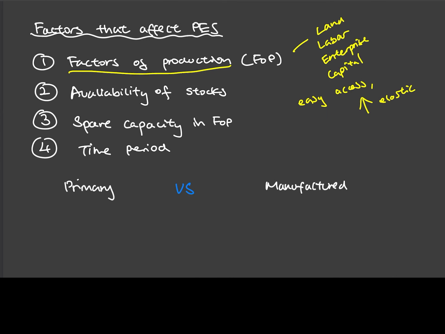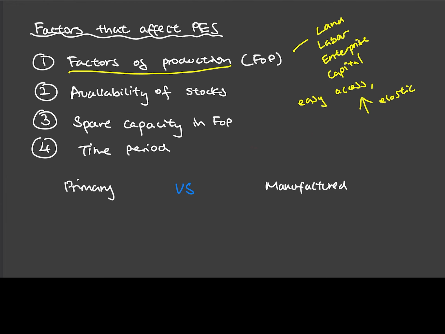The second factor that can affect PES is the availability of stocks. Let's say you have that cell phone guy again, but then you have another guy who's producing apples. As you know, apples go bad very quickly, so you can't hold them for very long. I would say maybe around 1 month would be the max.